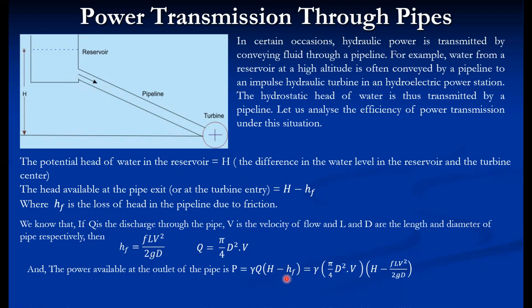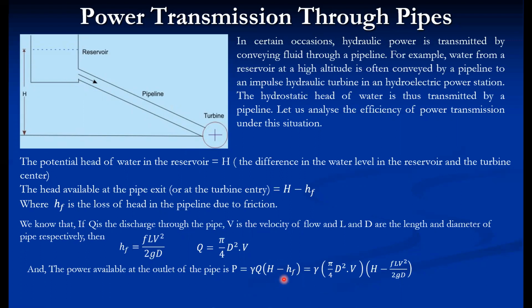We have to subtract this HF from H. So this is the actual power available at the inlet of the turbine. We can calculate Q and HF using this, and this way we can calculate the power.